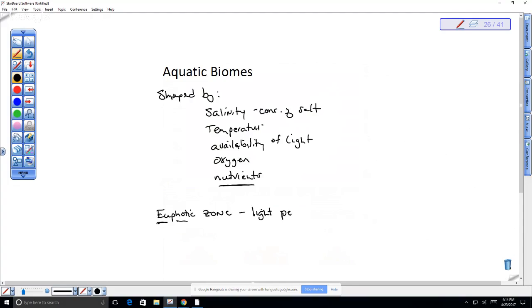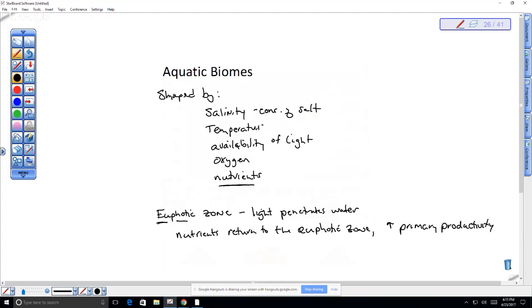The light penetrates the water. Okay. So the most primary productivity occurs where nutrients return to the euphotic zone, and this increases primary productivity.